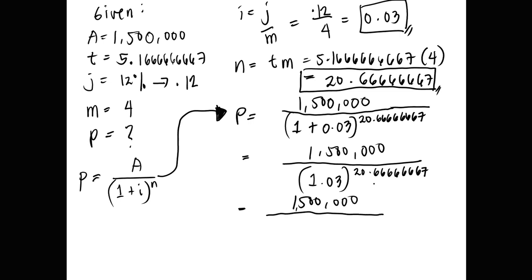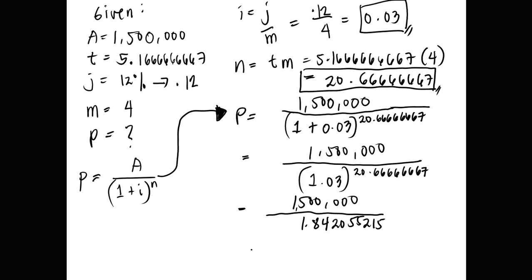And then after that, rewrite pa din si numerator. And then denominator po, you need to solve for the exponent. So 1.03 raised to 20.666667. Answer will be 1.842055215. Okay?